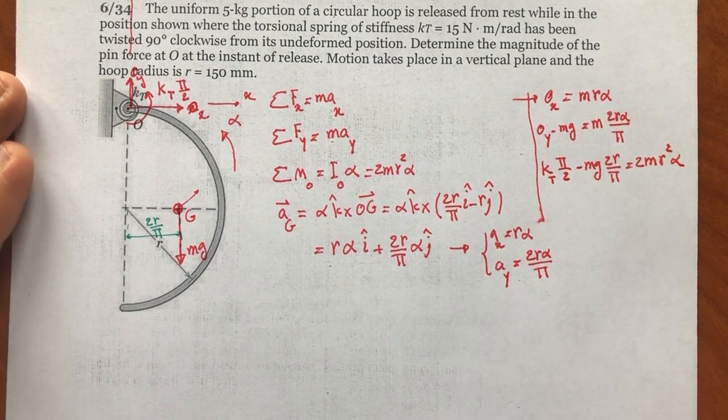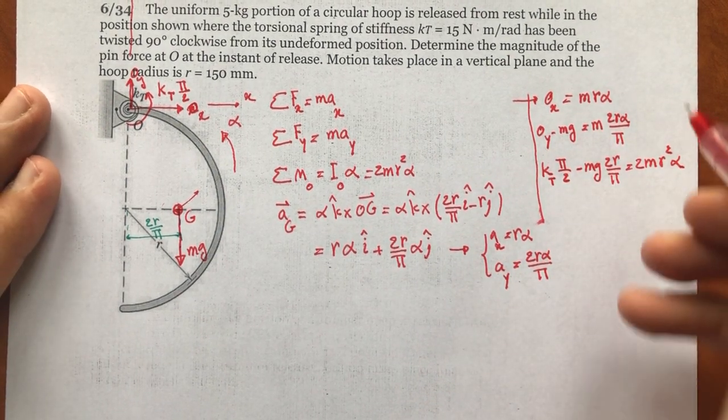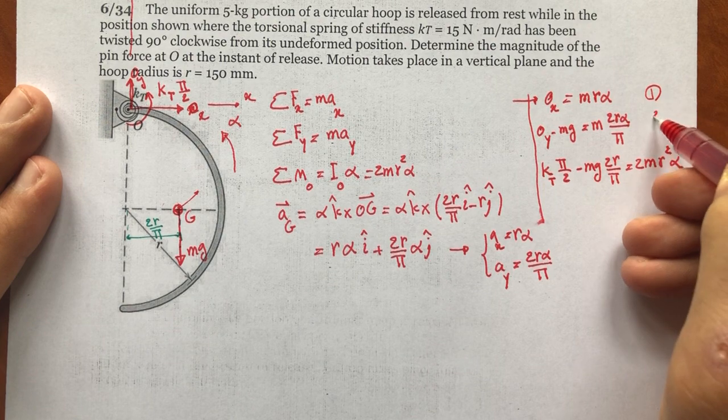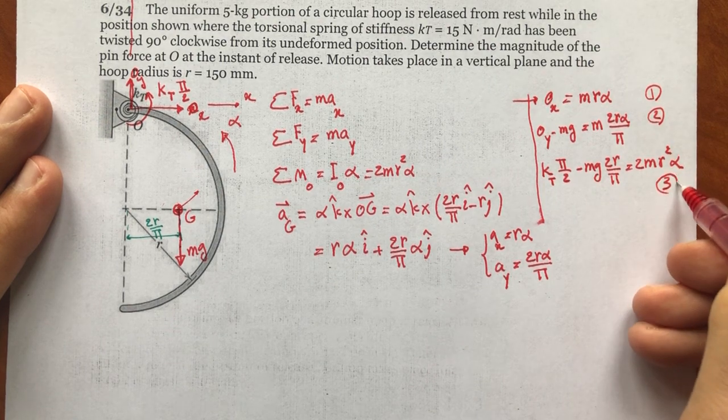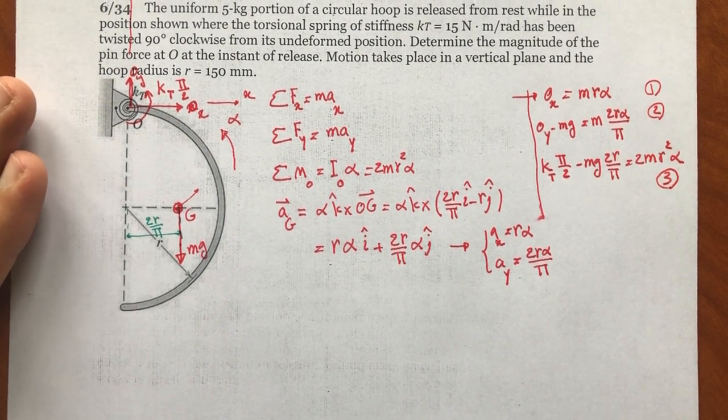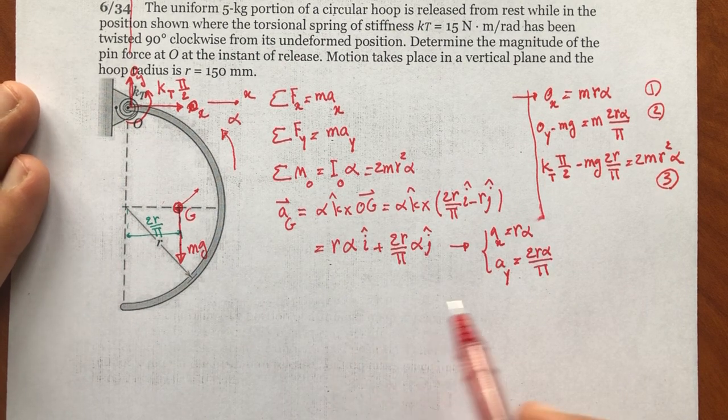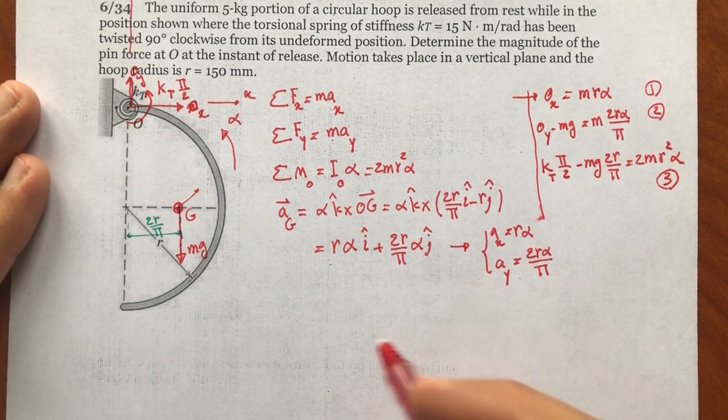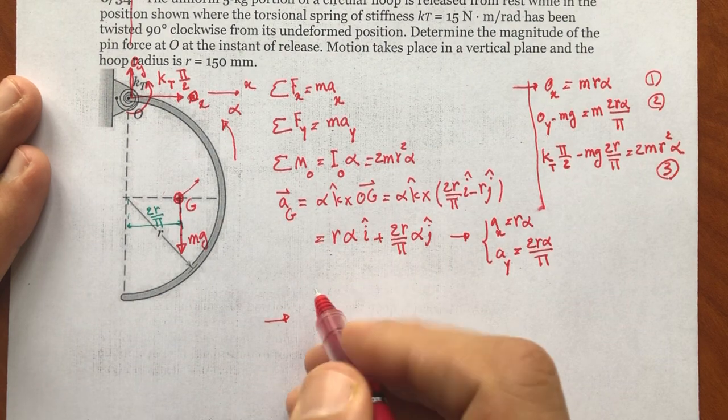Now I have 3 equations, 3 unknowns, right? So if I call this 1, 2, 3, you can easily solve them. I'll let you do that part.